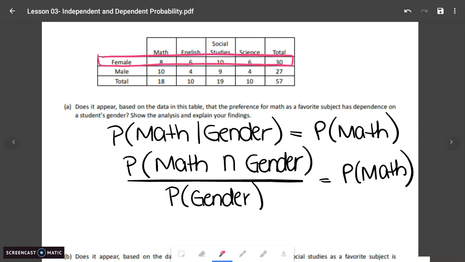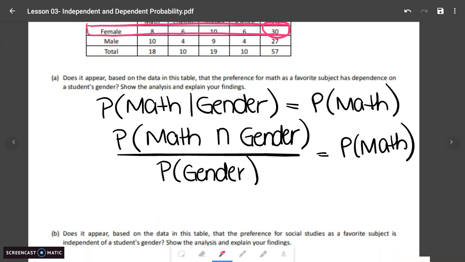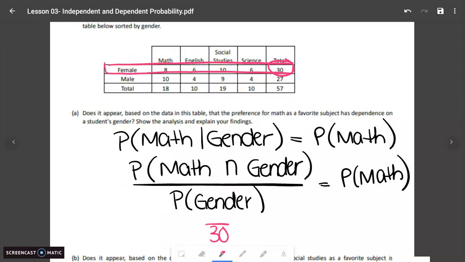So it's out of a total of 30. And the ones that are math favorite is 8. And if it's independent, it will be equal to everyone that favored math. So 18 out of the total here, 57. Okay.